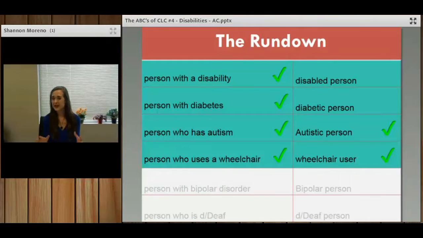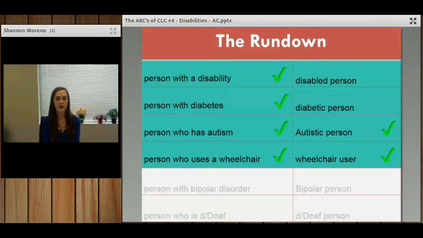So in your materials, or if you're speaking in general about a population, people first language is probably going to be better whenever you're talking about folks who have to use one sort of equipment or another.